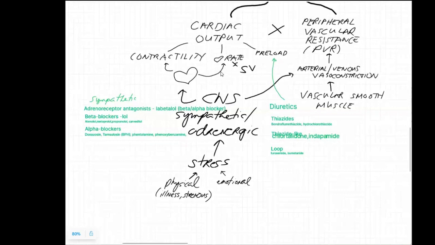And so therefore, we want to make sure that we check the patient's heart rate before giving any of these beta blockers. Alpha blocker also helps with the relaxation of the vascular smooth muscle, which is what causes vasodilation.